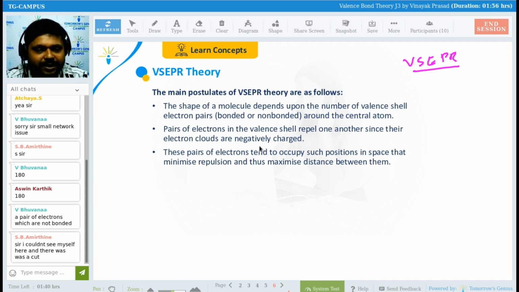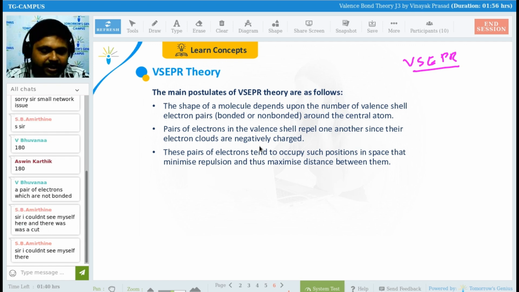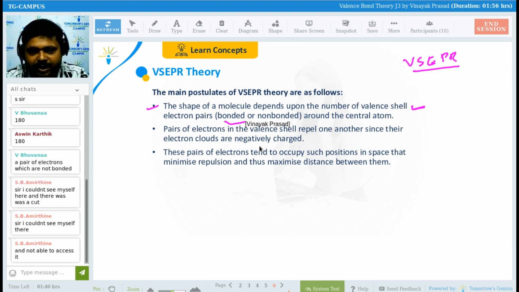See, guys, first of all, we will be learning the postulates of this VSEPR theory, and then we will be learning about the structures. The first postulate is that the shape of the molecule depends upon the number of valence shell electron pairs that are bonded or non-bonded.